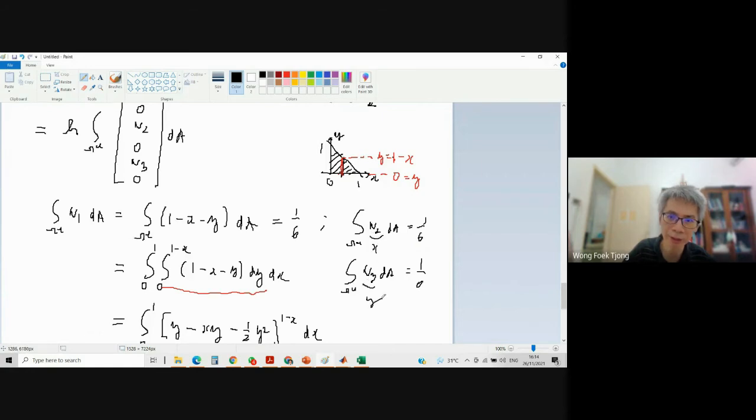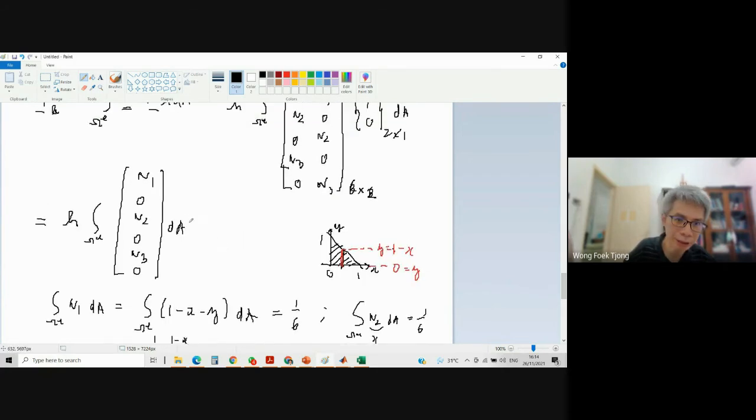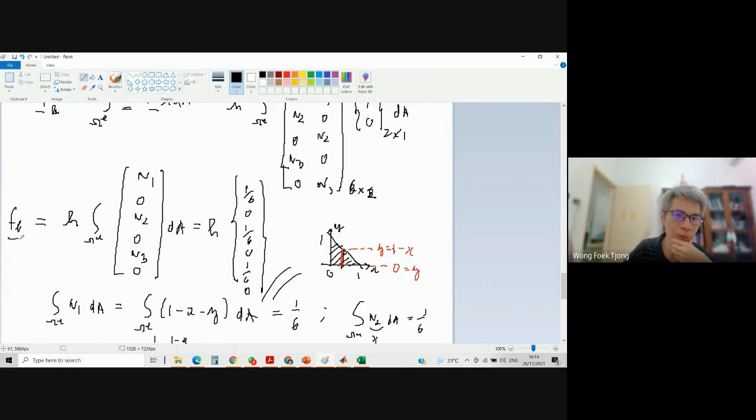This is Y, right? So the result, the equivalent nodal force, is 1/6 for each entry. That's all. The equivalent body force, this is FP.